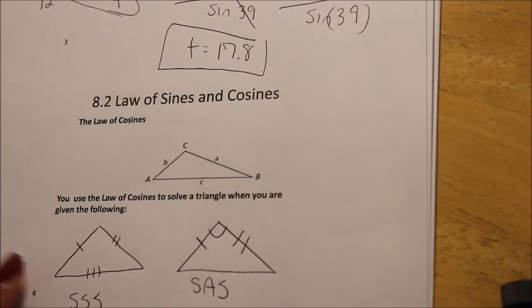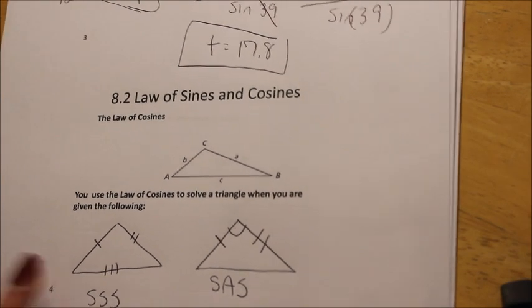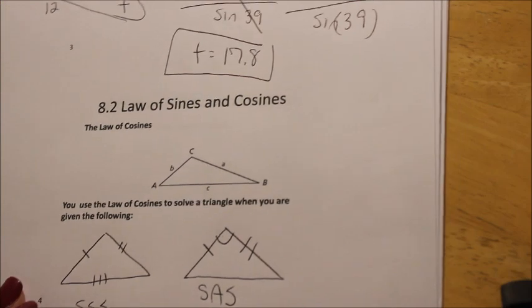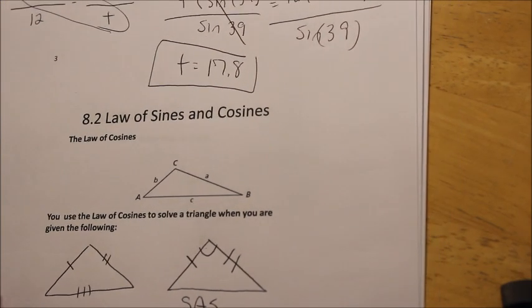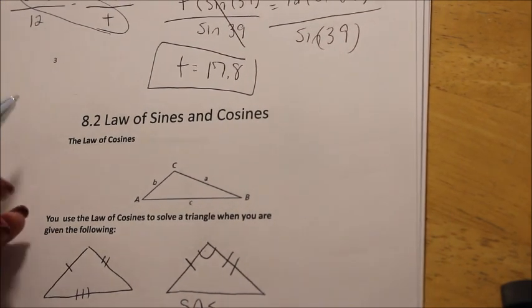Now, this formula is not quite as simple as the law of sines. However, I think after I get the first one down for you, you're going to see a pattern and you'll be able to figure it out. So here's how it works.